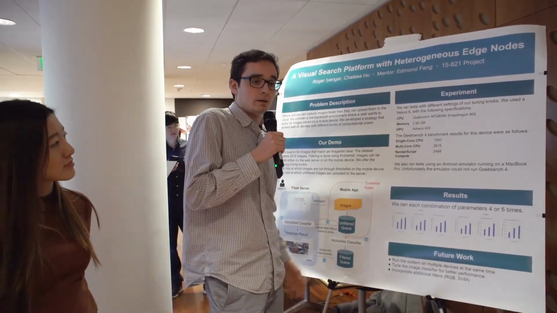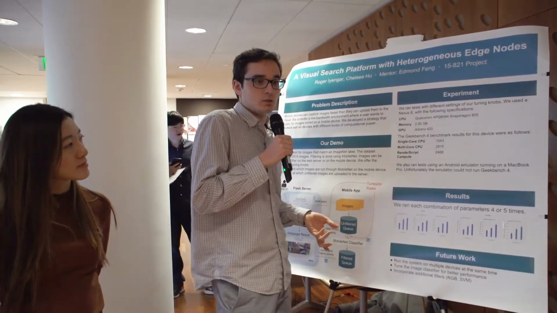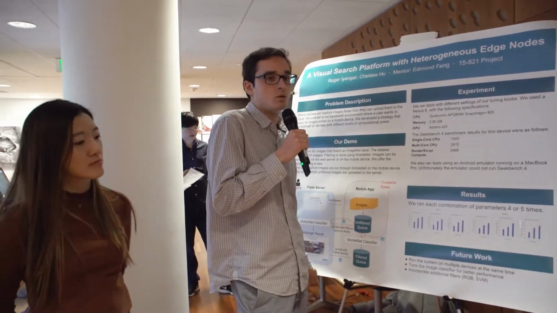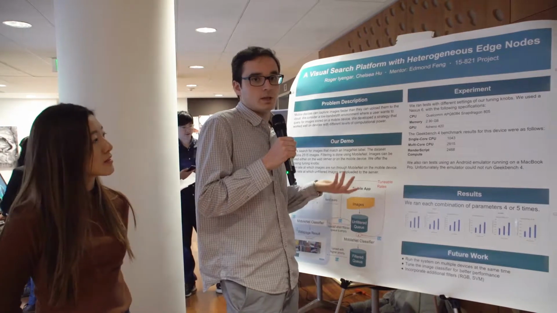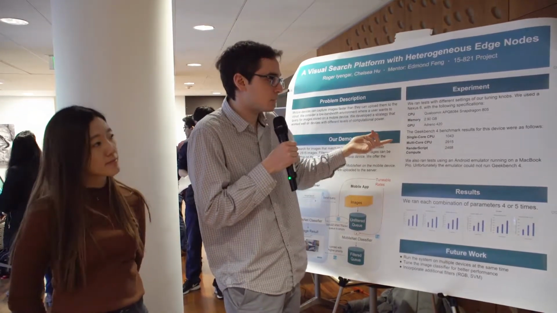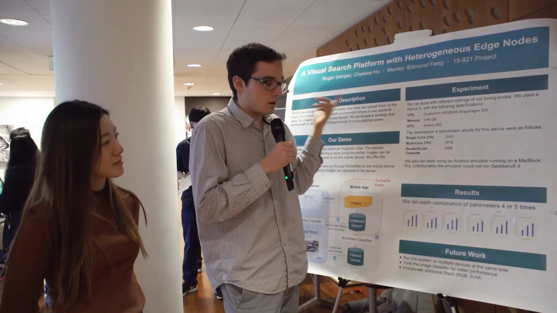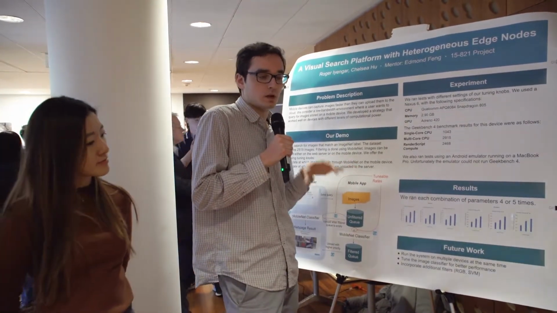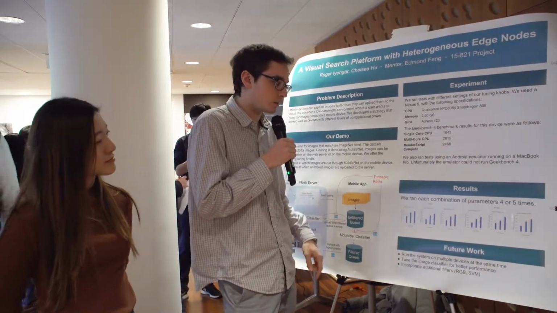We also ran the tests using the Android emulator that was running on a MacBook Pro. Unfortunately, the emulator couldn't run the benchmark software we were using, so we only have benchmark specs for the Nexus 6 phone, but the Nexus 6 was significantly more powerful than the emulator was.